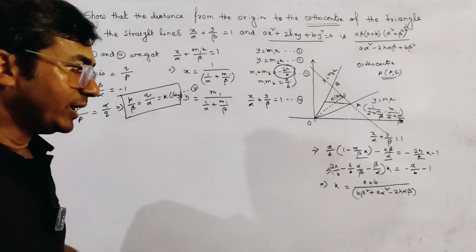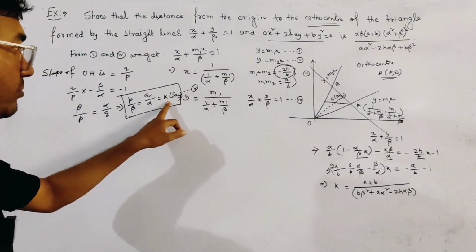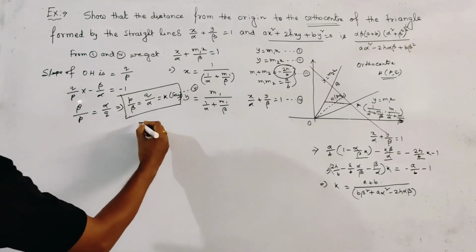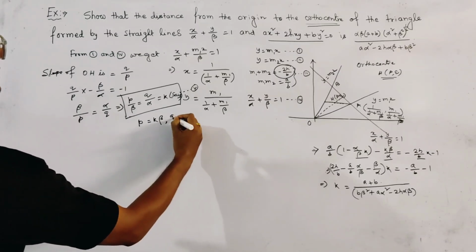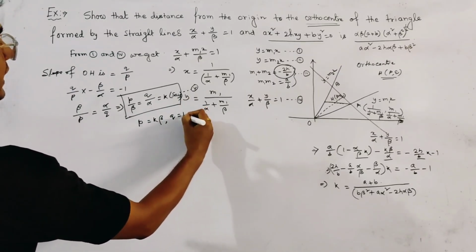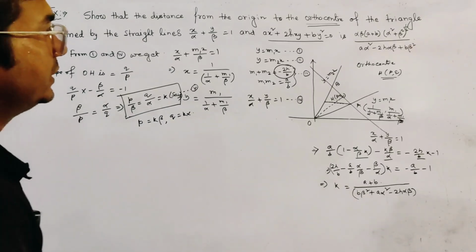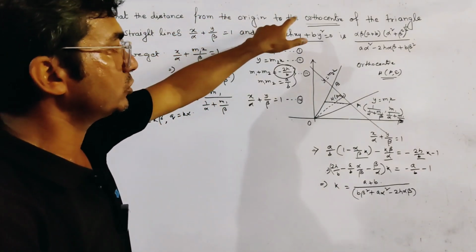Now by putting the value of k in the relation number 5, we get the value of p, this is equal to k into beta, and q, this is equal to k into alpha. And now we have to find the distance from the origin to the orthocenter.